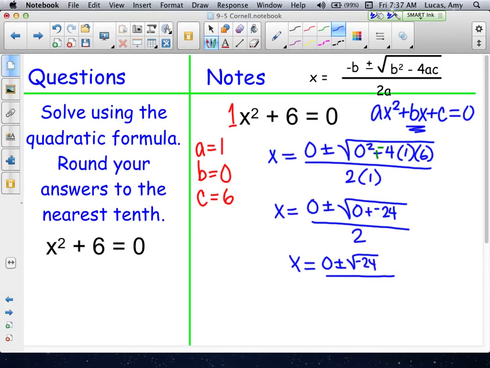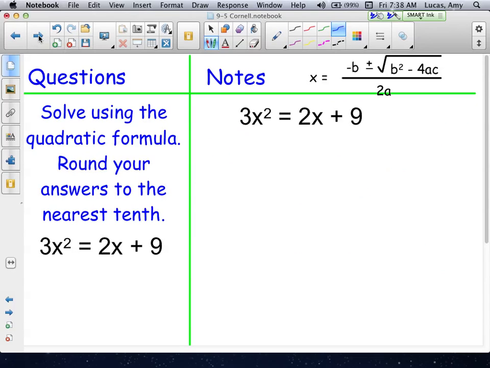So the square root of a negative number, if the discriminant is negative, that means that there's going to be no solution. You cannot take the square root of a negative number. So this quadratic is not crossing the x-axis. So there's nothing else for us to do to solve it. We can leave it right like this and say there's no solution because the discriminant is negative.